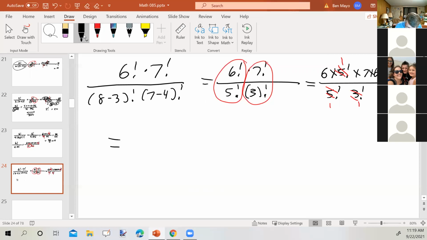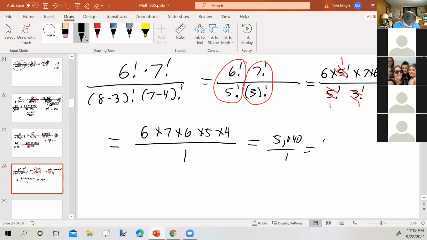So on top, I've got 6 times 7 times 6 times 5 times 4, on the bottom times 1. Now, there's still a lot left on top, but you can't always knock everything out. So this is going to be 6 times 7 times 6 times 5 times 4, which is 5,040 over 1, which is just 5,040.